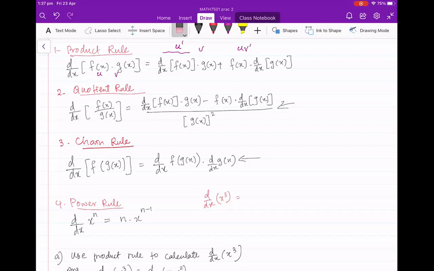Yeah, you take the derivative with respect to x. As far as I know, you can take the derivative with respect to some variable in the function.